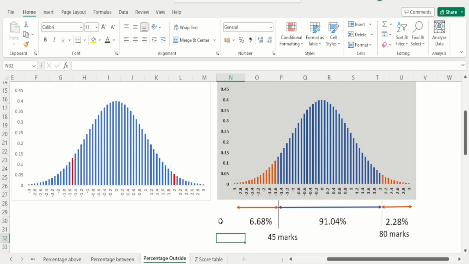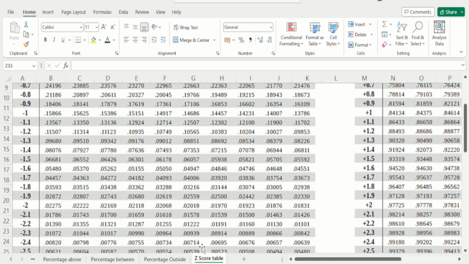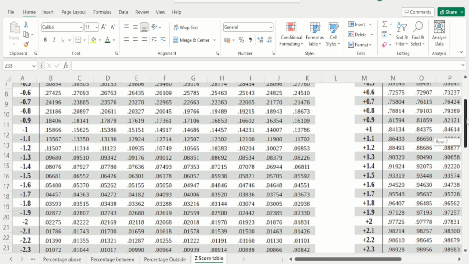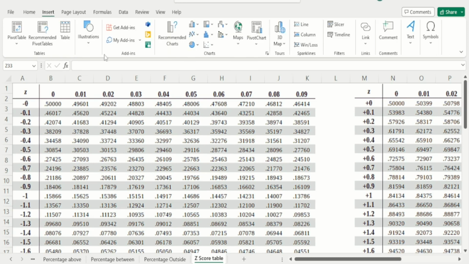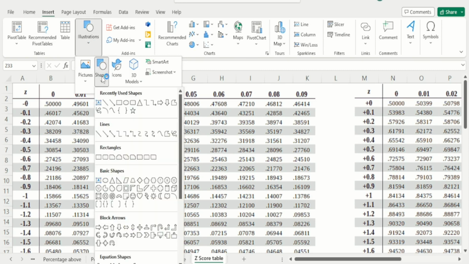In the next video, we'll try and understand the reverse of this, which is basically if you are looking at a z-score table. Remember, so far we have been calculating the z-score, looking at the columns and rows that you have here. This is your column, this is your row, and we are trying to find the corresponding probability value. So for example, if your z-score was minus 0.72, then the way we would look up that z-score number is going to be a bit like this.